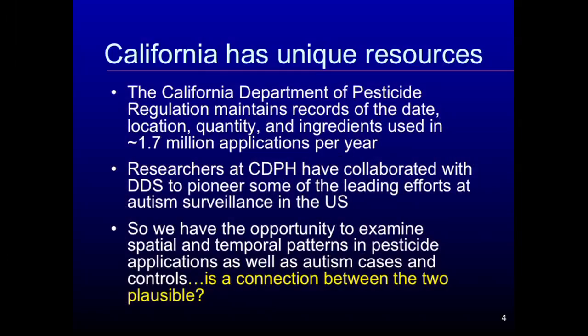Also at the Department of Public Health, there have been some real pioneers in terms of autism surveillance. That's not quite as unique as the pesticide use reports. There are a few around the country. The neat thing about California is that we do have a Department of Developmental Services, which is a single state agency in charge of providing services to a very large number of autistic children and their families throughout the state.